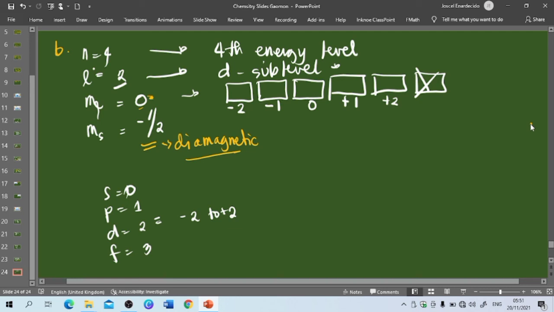So let's distribute the electrons one at a time. Now let's go back with a downward spin. And there you go. The 0 orbital is already full of electrons. So let's count the number of electrons: 2, 4, 6, 7, and 8. So there are 8 electrons in here.